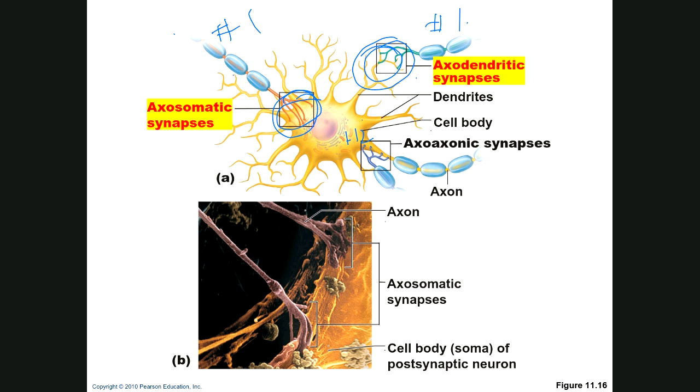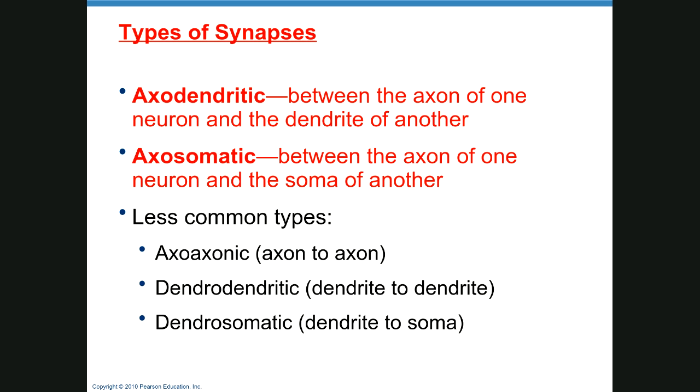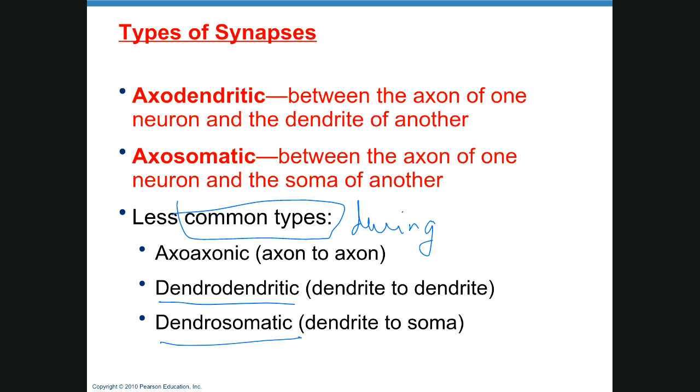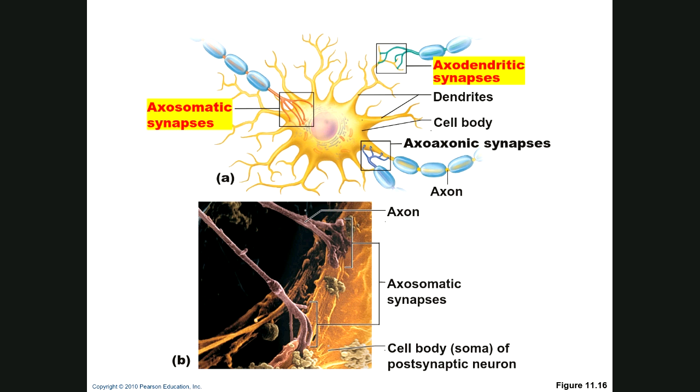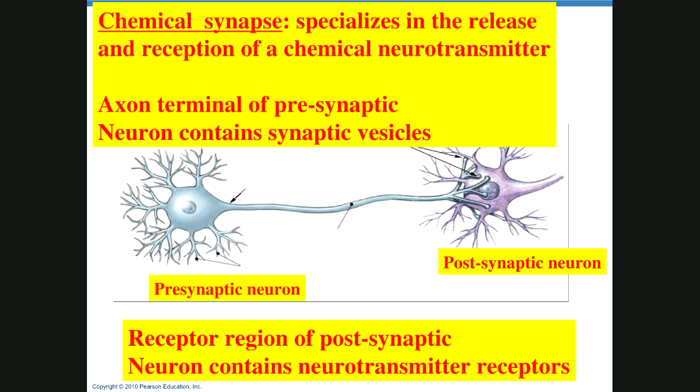The other types of connections that the book talks about, axoaxonic, dendrodendritic, dendrosomatic, are not only less common types of connections, but they are found during development, so during fetal development. So they're not mature connections. Mature connections after we're born, axosomatic and axodendritic, are the connections that we see in neurons.